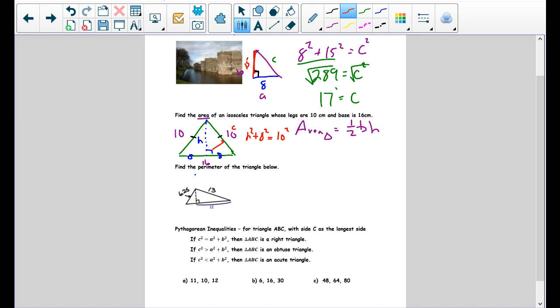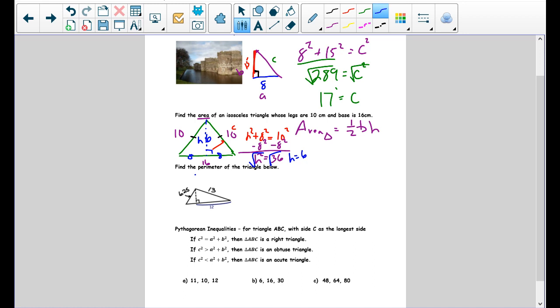So again, we can subtract: 10 squared minus 8 squared is 36. So subtracting 8 squared on both sides, h squared equals 36. And when we square root that, what's the square root of 36? 6. So the height here is 6.